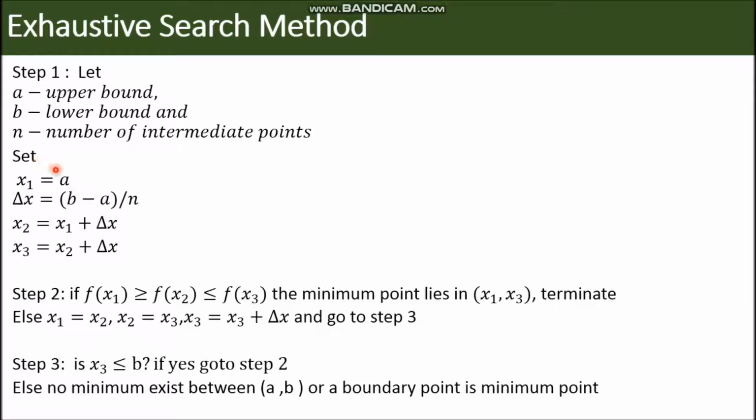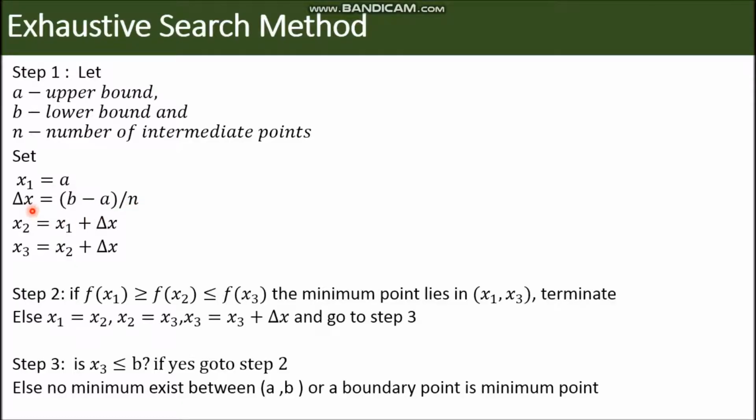So setting the lower bound as x1, the delta x, that is the change in step size, is the difference between the upper bound and lower bound divided by the number of steps.